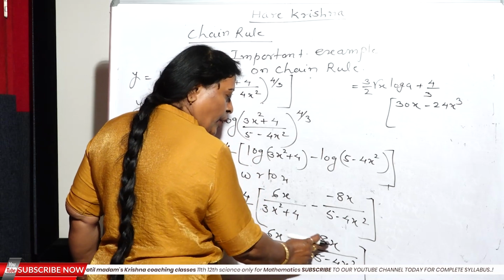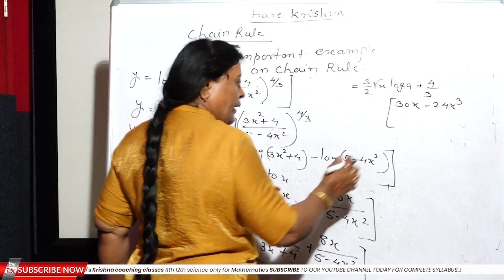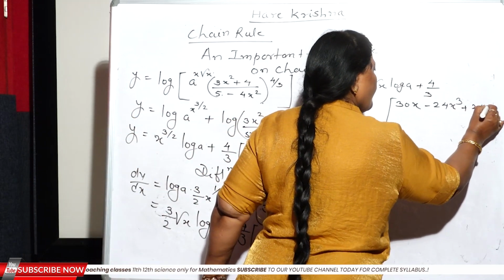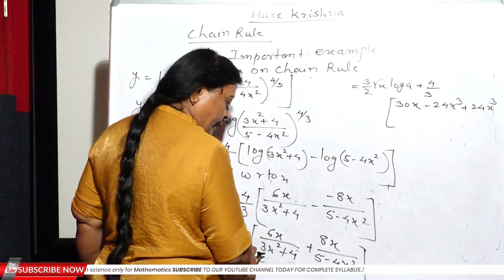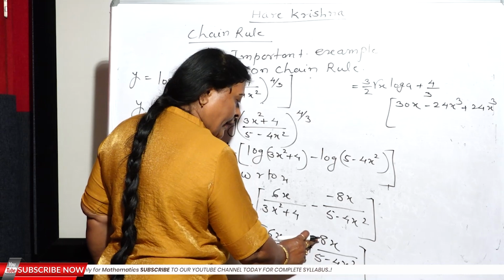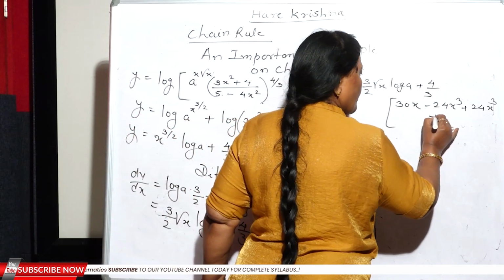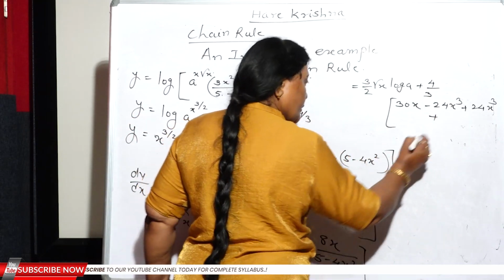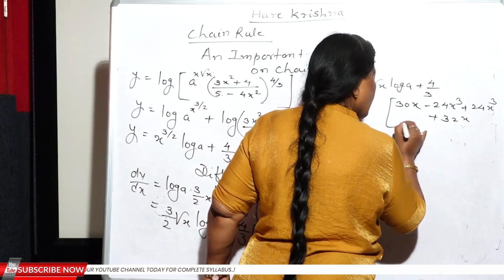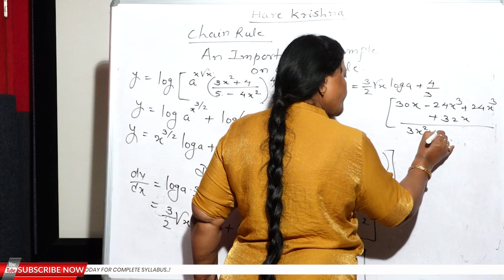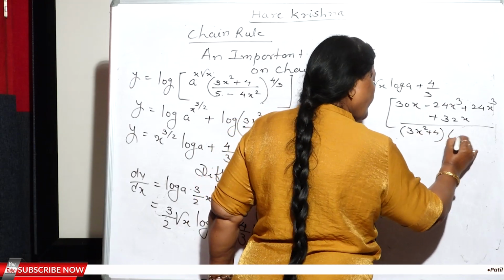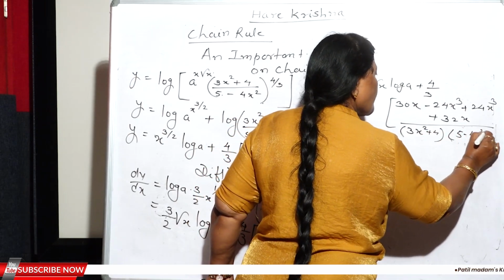Again, with this you have to multiply, that is 8x into 3, that is 24x cube. Right? 8x into 3x square, 8 3s are 24 x cube. And again 8x into 4, that is 8 4s are 32x, divided by 3x square plus 4. And here again 5 minus 4x square.